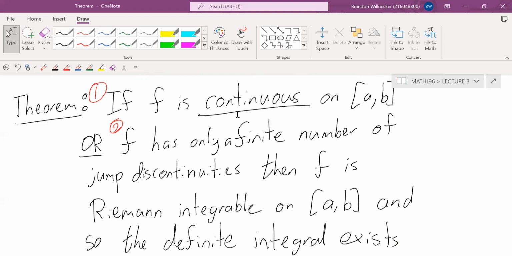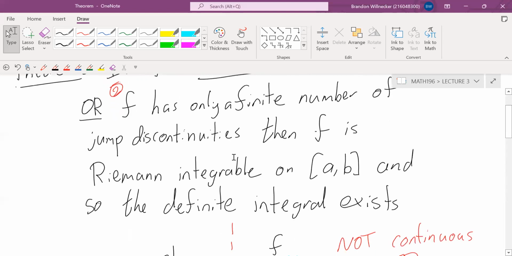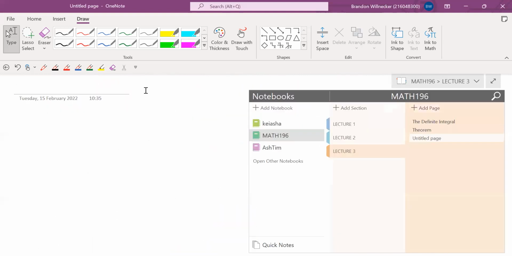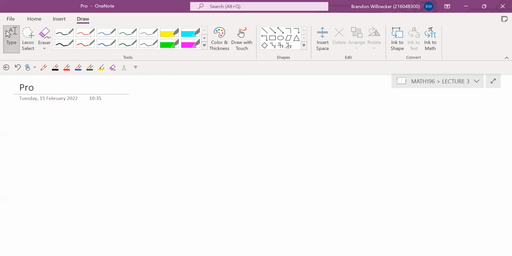Now let's take a look at some properties of this definite integral. Okay, so properties of the definite integral. Okay, so just as a little note before we begin, always remember how the definite integral is defined.